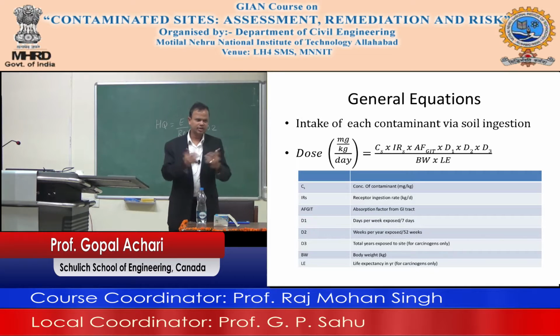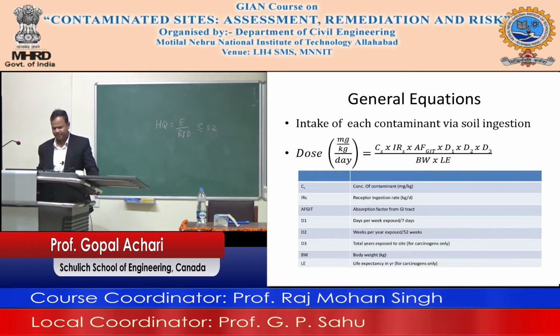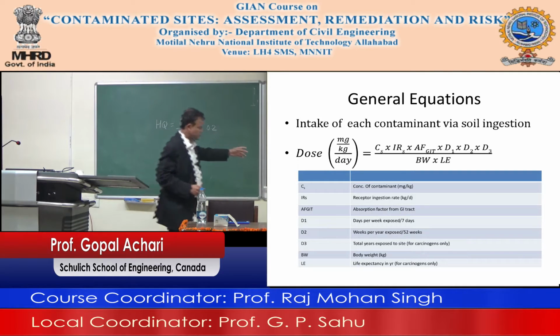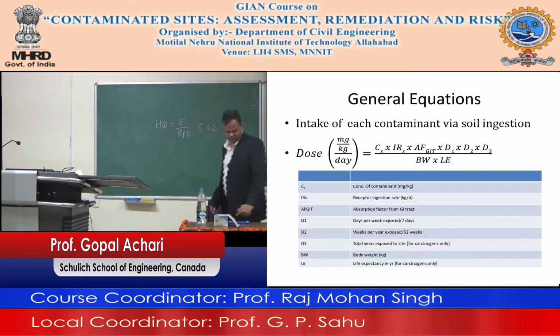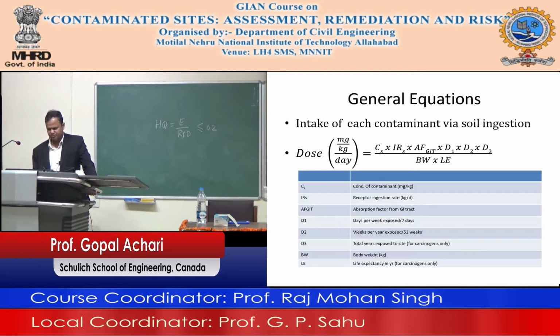Average body weight for an adult is 70 kilograms, and life expectancy is 56 years for adults. And that's what you should consider. This is dermal contact. Again, area of skin that is exposed, dermal absorption factor, receptor water intake. Look at the format of the equation. They are all very, very similar.